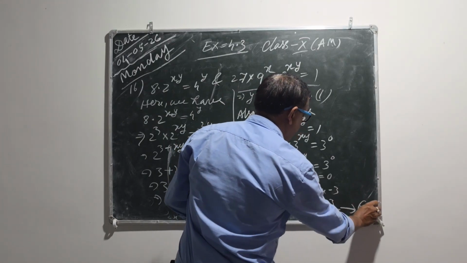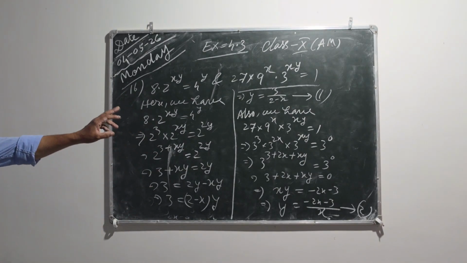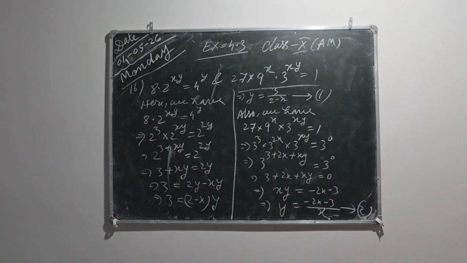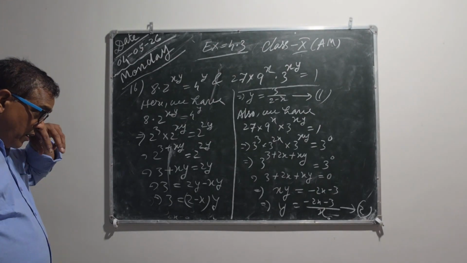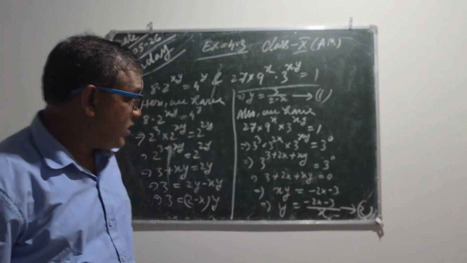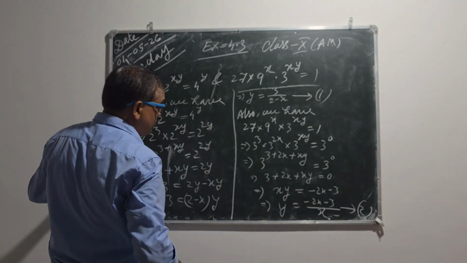So if we want to compare 1 and 2, their left sides are the same, y, so by equating the right sides, we can get the value of x. So let us equate now from 1 and 2.